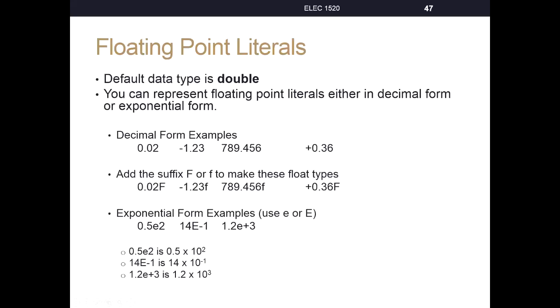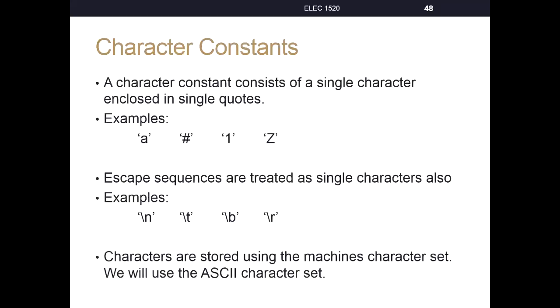So 14e-1 is the same as 14 times 10 to the minus 1. 1.2e+3, so you can add a plus if you want to indicate the sign, is the same as 1.2 times 10 cubed. Sometimes exponentials are an easier way to write numbers.